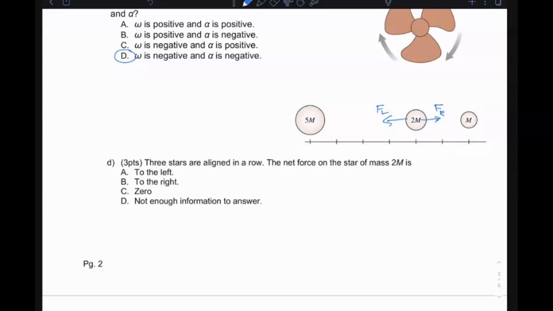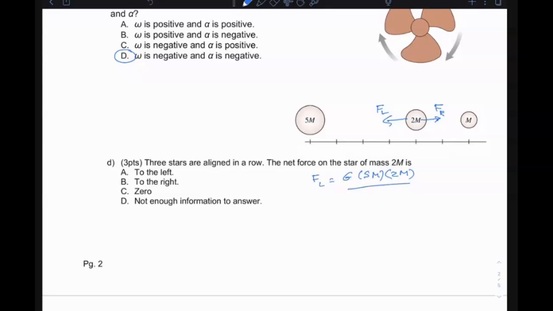So let's calculate each one of these, or at least show how we would calculate it. The force due to the mass on the left is equal to G times the mass on the left, which is 5m, times the 2m mass, divided by the distance separating them, squared.